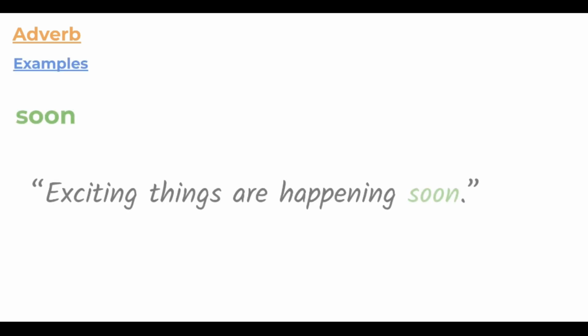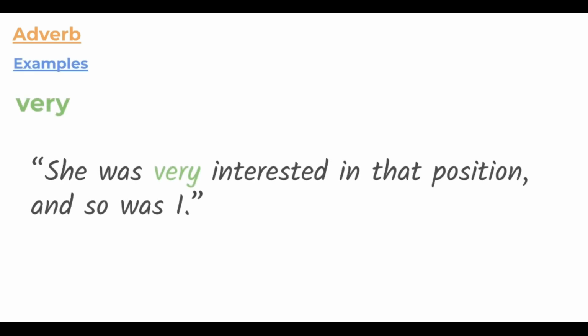Soon is another example. Exciting things are happening soon. So again, we've used this happening here in another way, another form. So how quickly something is happening. Very is a popular adverb. It's used in a lot of different situations.